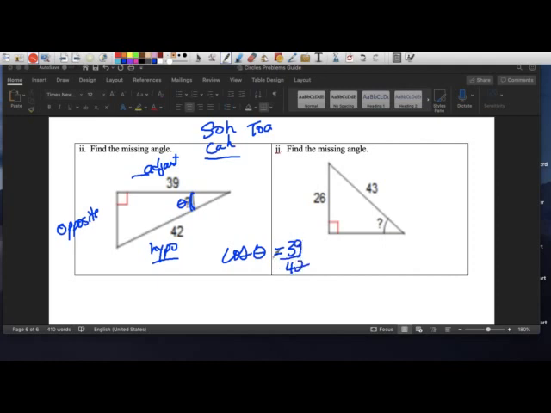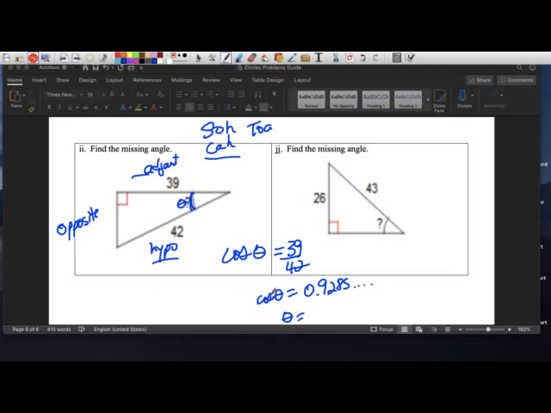So what we can do now is divide 39 by 42. It's going to give us 0.9285, and I'm going to leave that answer in my calculator. I'm still not done. I want my angle, because that's what I want to find.